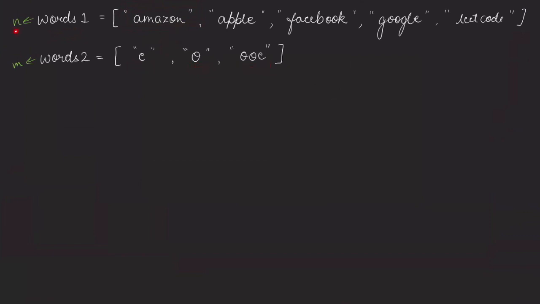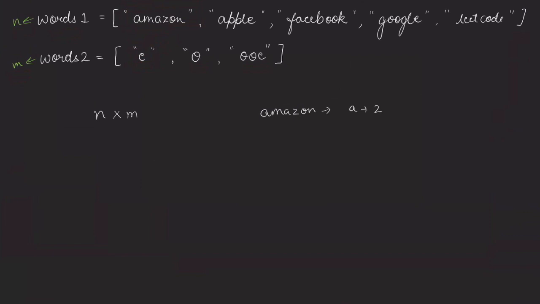So it will be n cross m, right? And then inside that, you would also be checking if this particular string is a subset of this string or not, right? So how are you going to check that? Let us suppose I need to check for these two, right? So first string is Amazon.